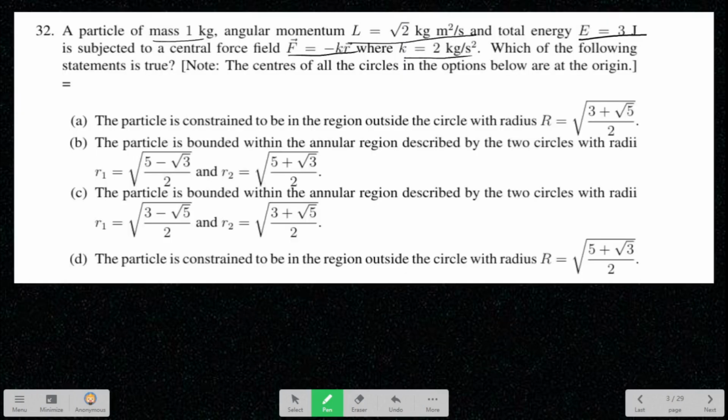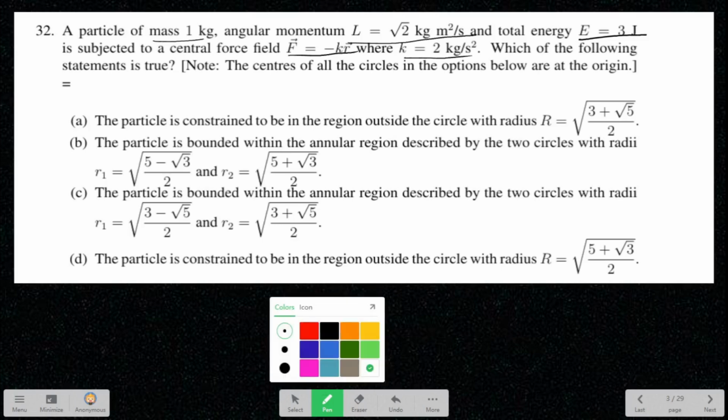So the correct answer is that the particle is bounded within the annular region described by the two circles with radii r1 equal to root of 3 minus root 5 by 2 and r2 equal to root of 3 plus root 5 by 2. So the correct option is C. I hope you understood the answer. If there is any doubt, please put it in the comment section.